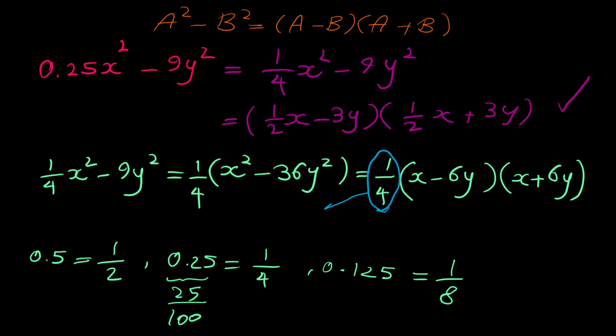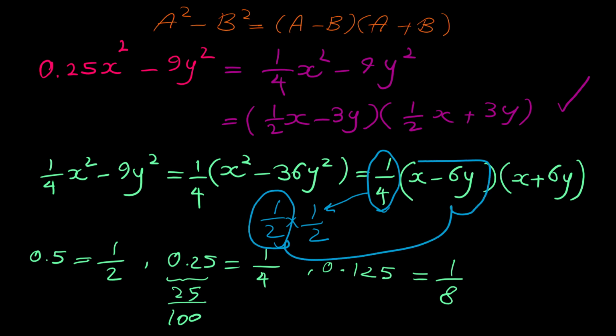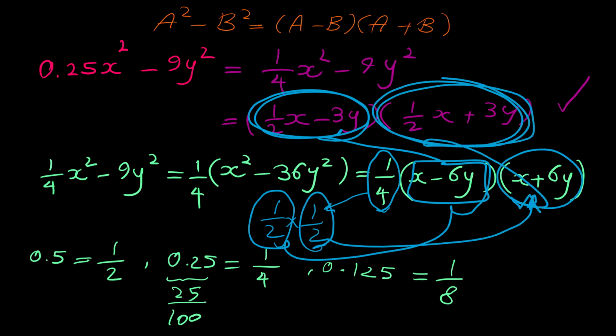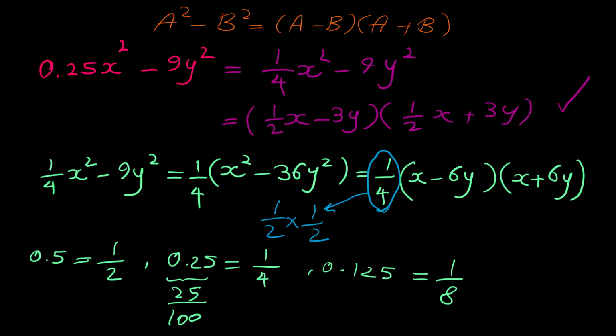What is 1/4? 1/4 is 1/2 times 1/2. If you multiply this 1/2 in this bracket, then you would get this expression. And if you multiply this 1/2 in the second bracket, you would get this bracket. So, as you can see, the answers are exactly the same, but they look a little different.